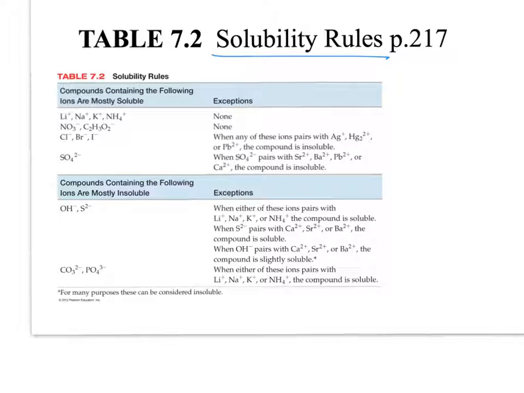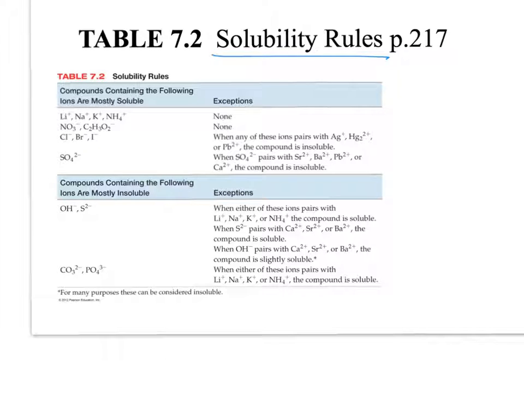Let's look at the compounds that are mostly soluble. A compound that is soluble is going to dissolve in water, and compounds that contain these positive ions, lithium, sodium, potassium, and ammonium, are going to be mostly soluble. For our negative ions, we have nitrate, C2H3O2, chlorine, bromine, iodine, and SO4.